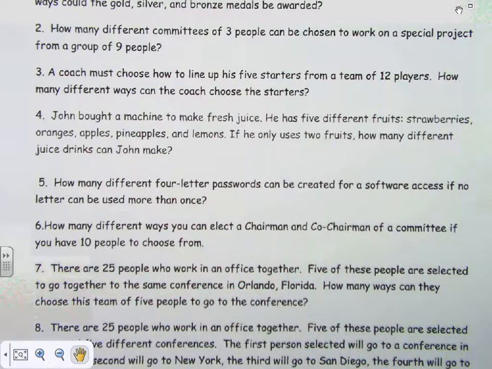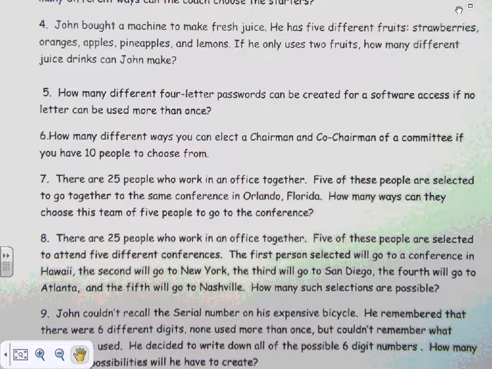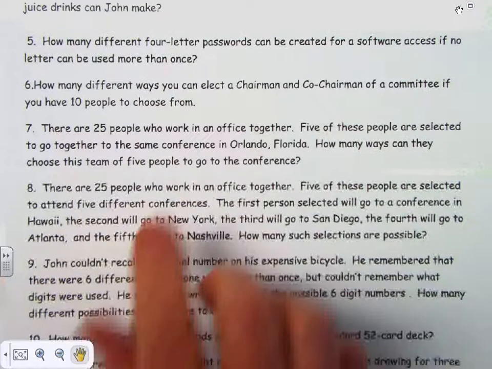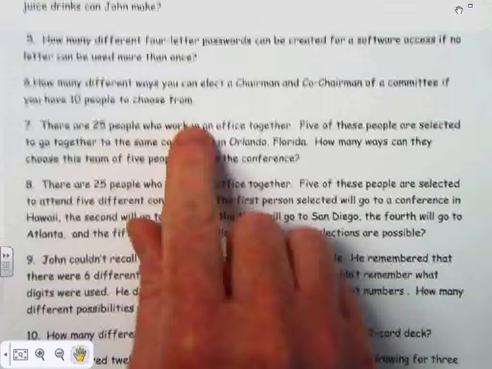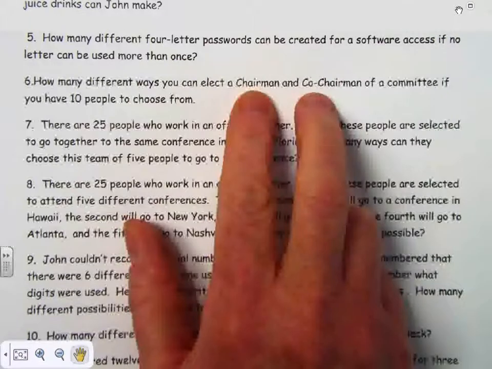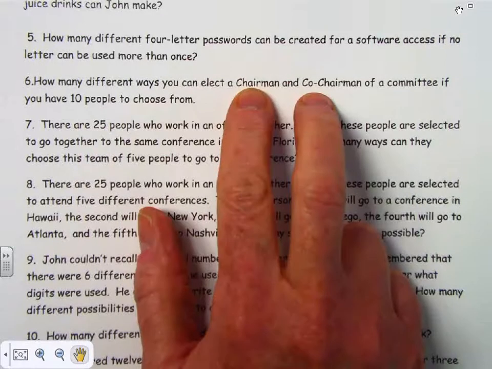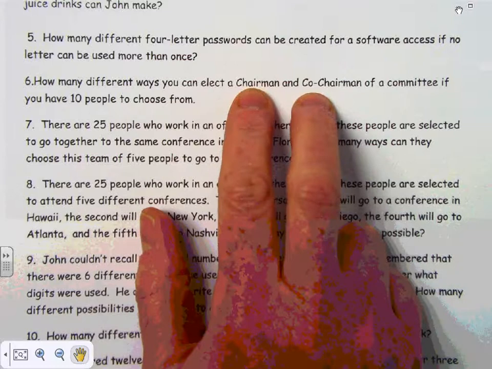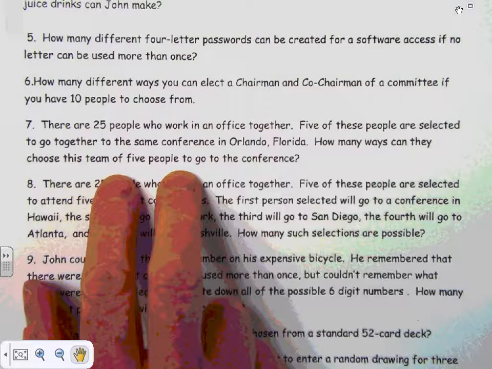Number 5, a 4-letter password. Permutation. Okay? Number 6, a chairman and a co-chairman. Permutation. Number 6 is a permutation because you have a position of co-chair and chairman. Okay? Number 7.